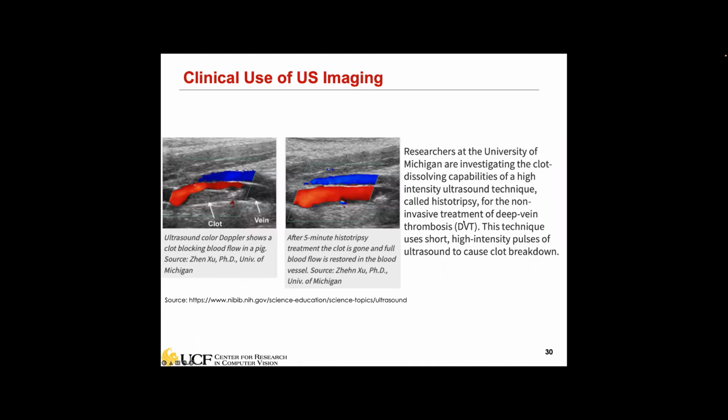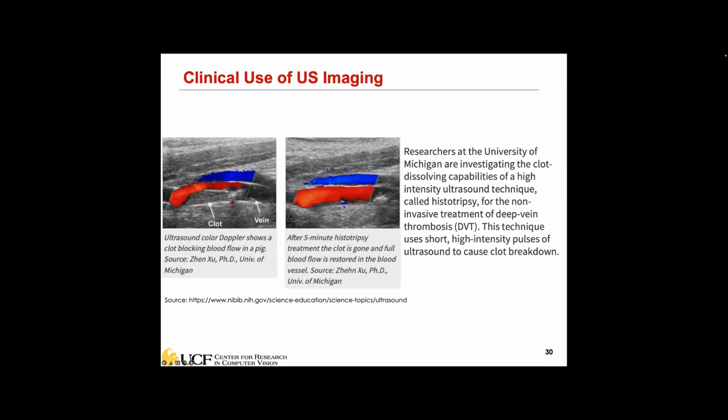And a recent study conducted at the University of Michigan used a very short, high intensity pulse of ultrasound to cause the clot to break down in the blood vessel. On the left side, you can see that the blood flow in this blood vessel is very narrow.